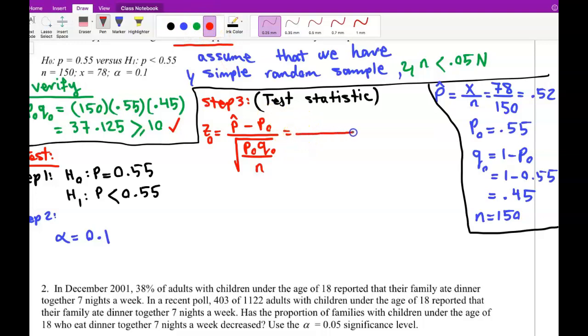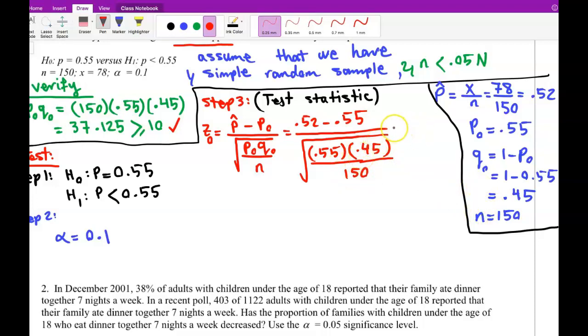On top, p hat is 0.52 minus p0 0.55, divided by the square root of p0 0.55 times q 0.45 divided by n as 150.